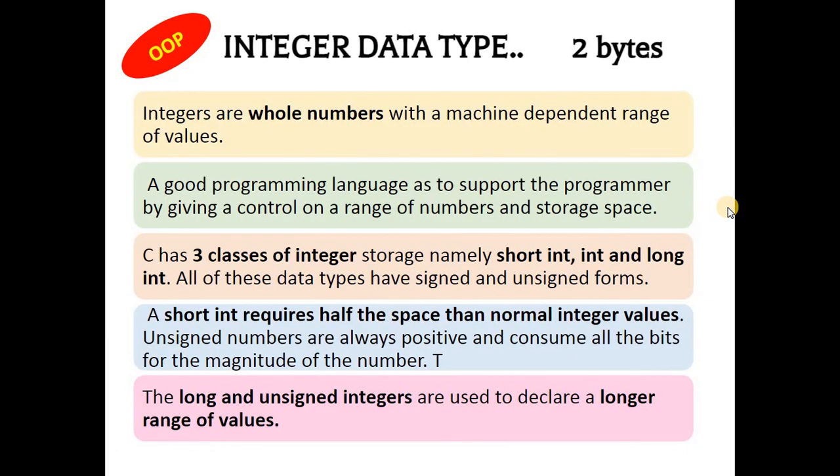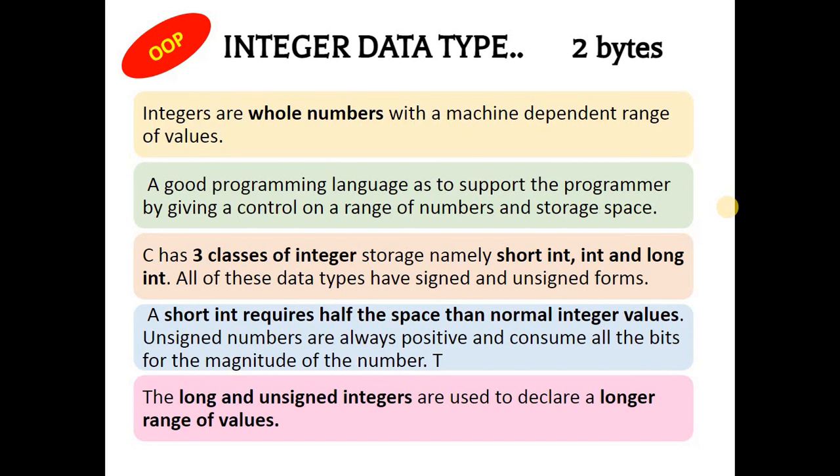So when the integer data type is there, we have this entire thing in much more detail. Integers are the whole numbers, and there are 3 classes of integer in C, like short int, int and long int, which have signed and unsigned forms. A short int requires half the space that a normal integer value has, and unsigned numbers are always positive and consume all the bits for the magnitude of a number.